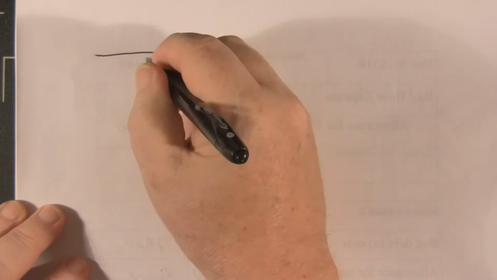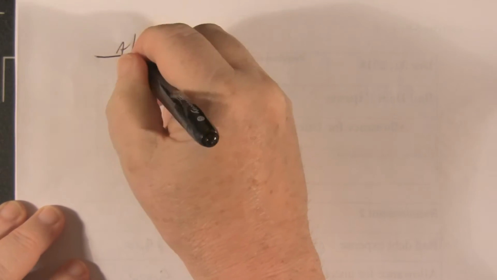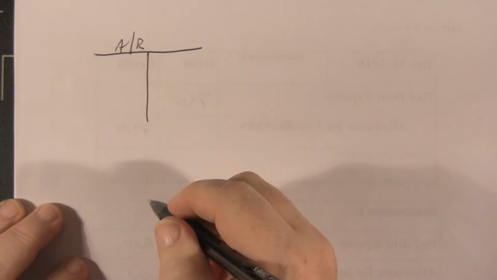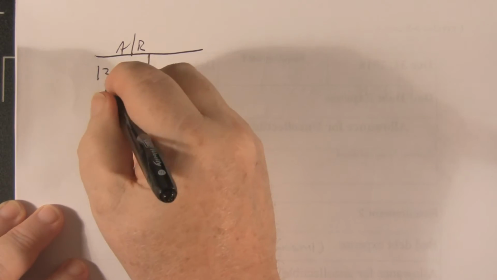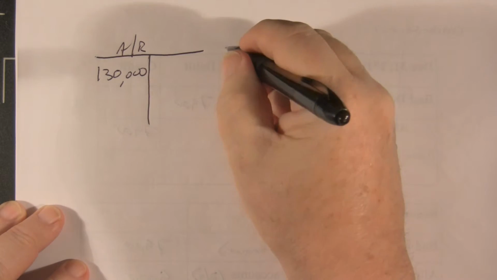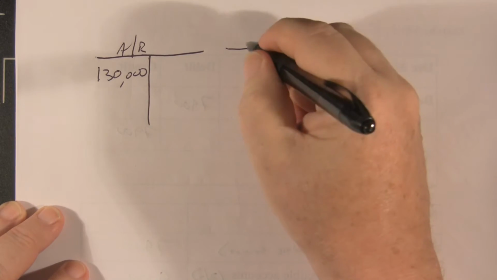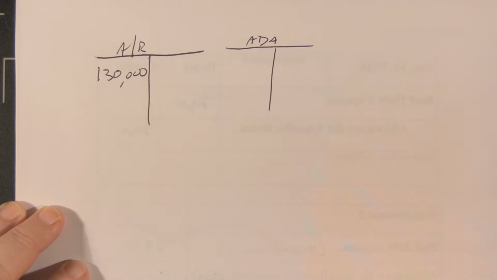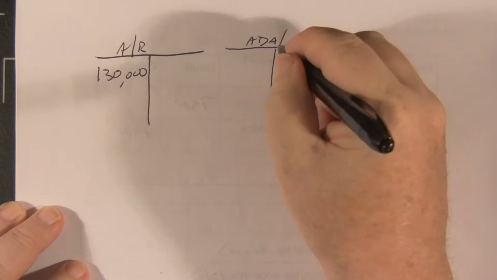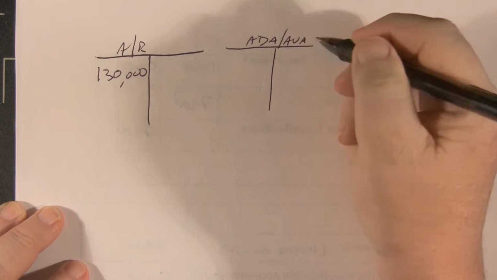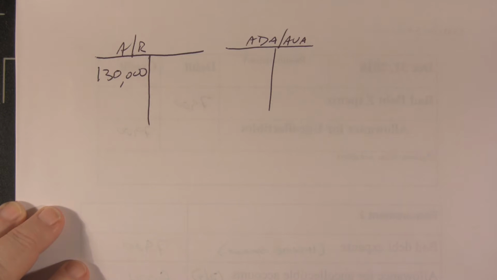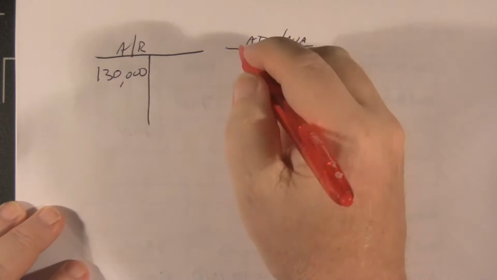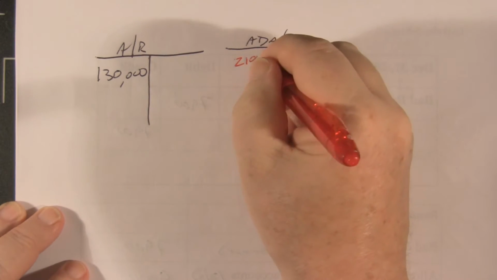So they tell us, and this is the information they're giving us coming in, that our accounts receivable at year end has a balance of $130,000. They're telling us that our allowance for doubtful accounts, or allowance for uncollectibles, or whatever you want to call it, has a $2,100 debit balance.